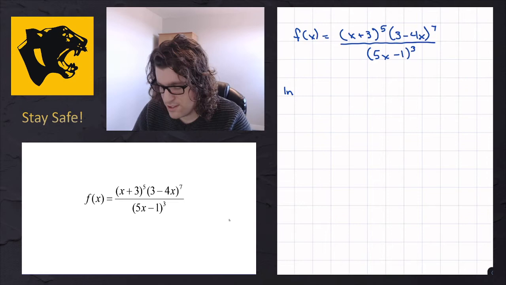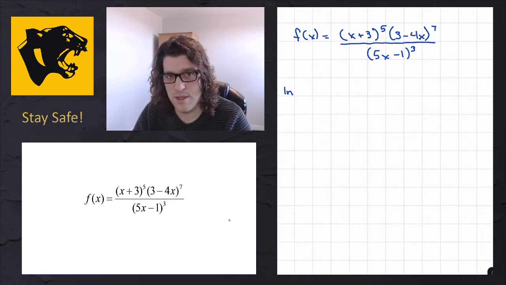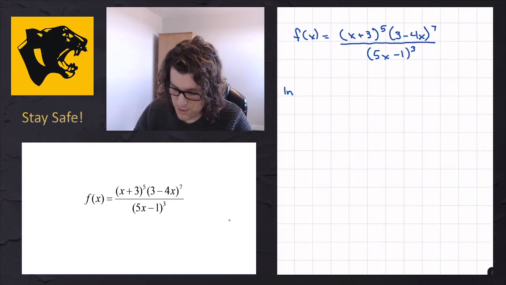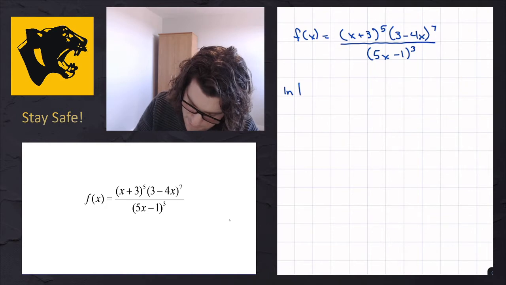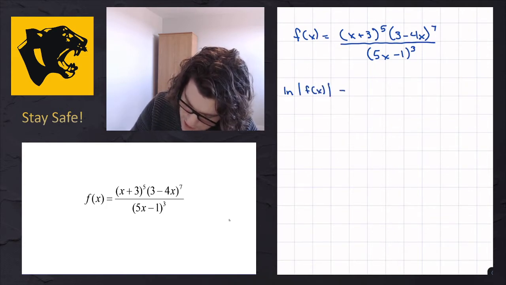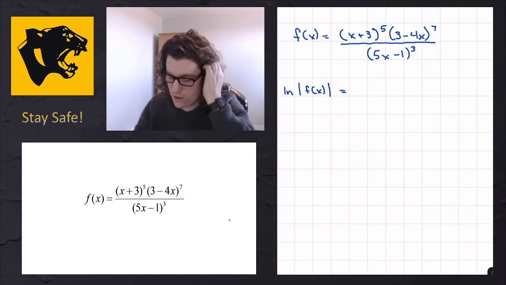Because I might like to be able to describe the derivative of this function when it ends up being negative values, I'm going to place an absolute value around both sides of my equation and then perform the logarithm on it.